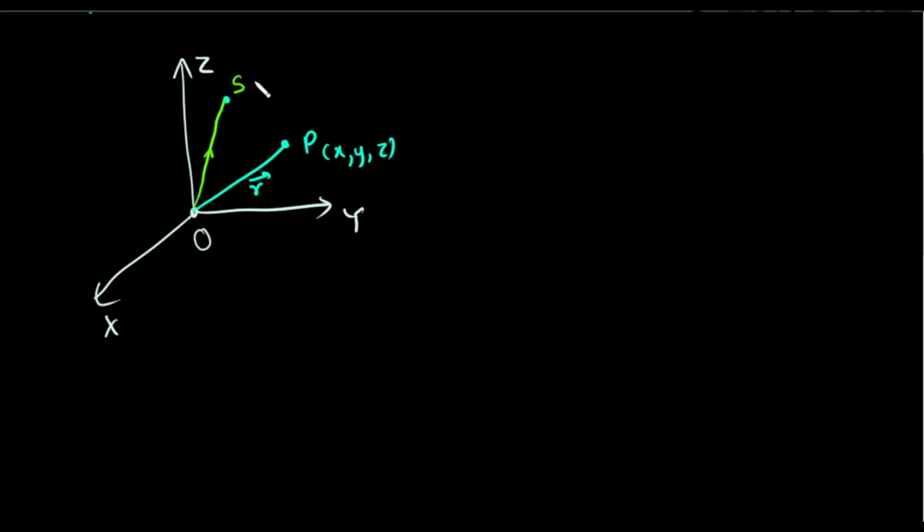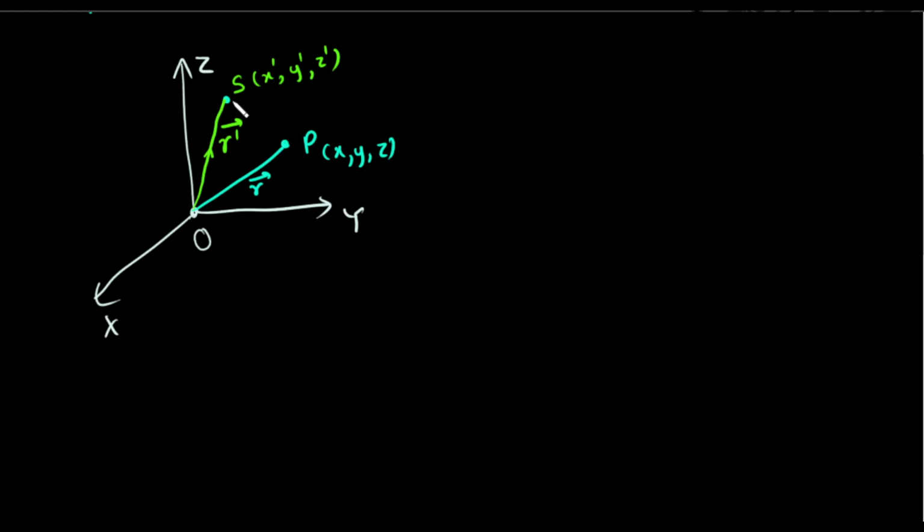Let's say the position of this S point has x dash, y dash, and z dash coordinates. I'm going to take the OS vector as the r dash vector. So we have two points here, point P and point S.